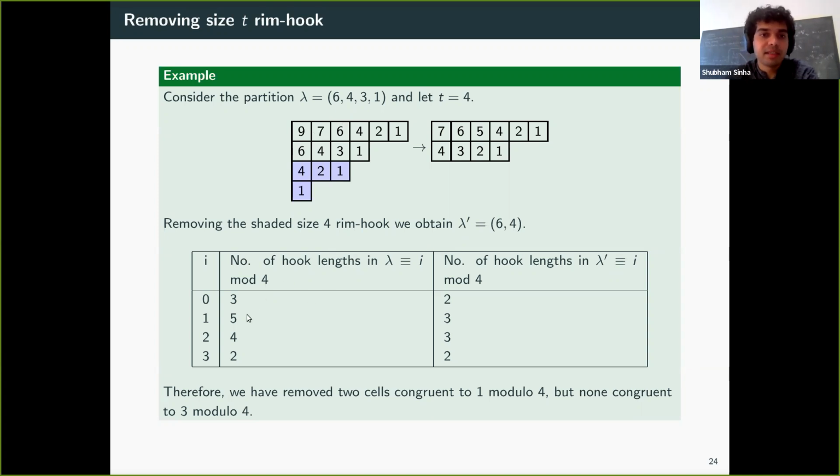If you see how many hook lengths are removed for each modulo class, for things divisible by 4, it goes down by exactly 1, as we mentioned earlier. But that's not the case for other modulo classes. In this case it works for 2, but for the other modulo classes, like mod 3, that's not the case. For example, for 1, it goes from 5 to 3, and for 3, it remains the same.